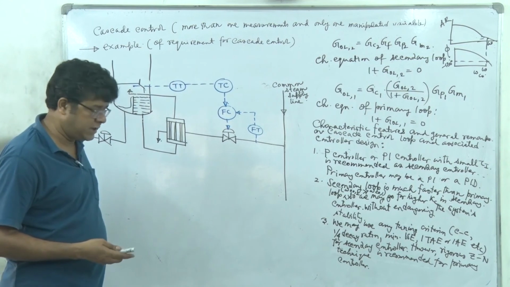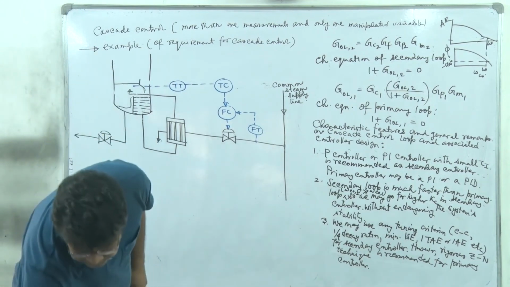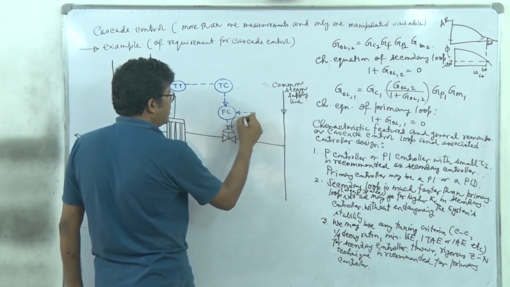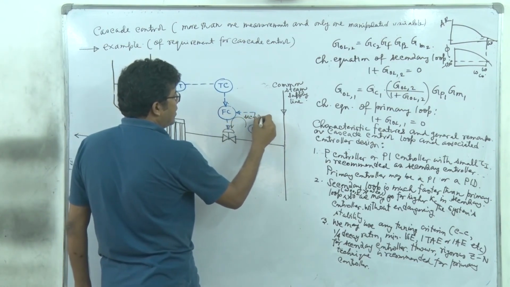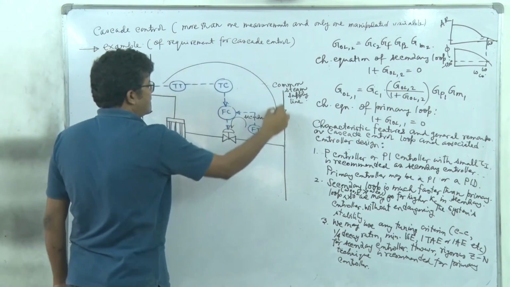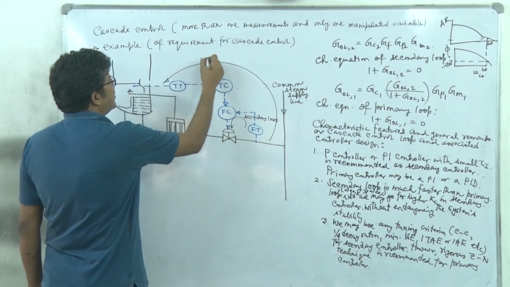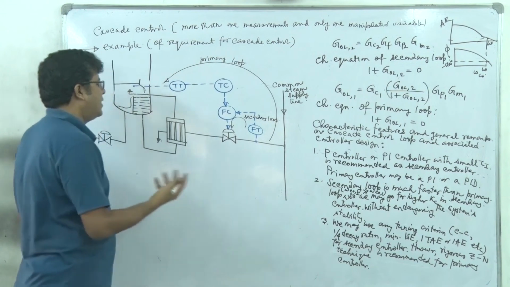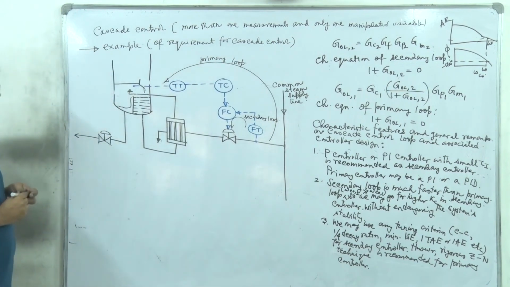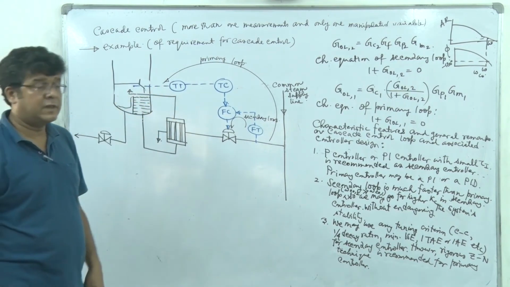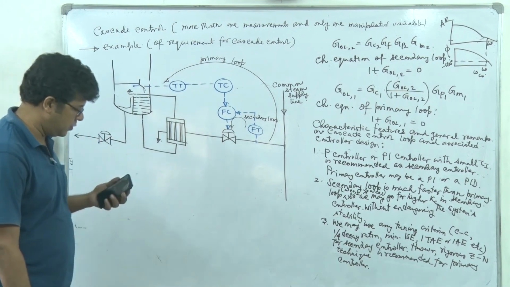What we can note here is that this flow control is the secondary loop, and this one, the outer one, is the primary. That's a typical example of control of steam flow rate in a distillation column's reboiler unit. So that's all about the cascade control.